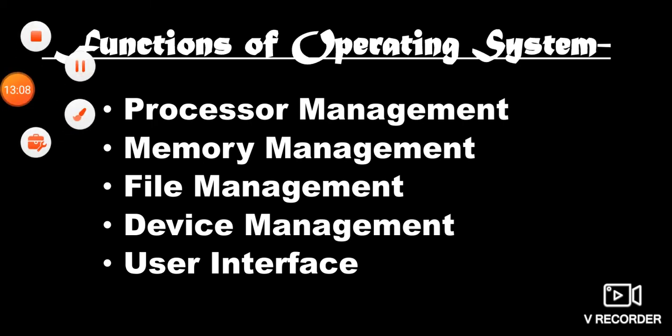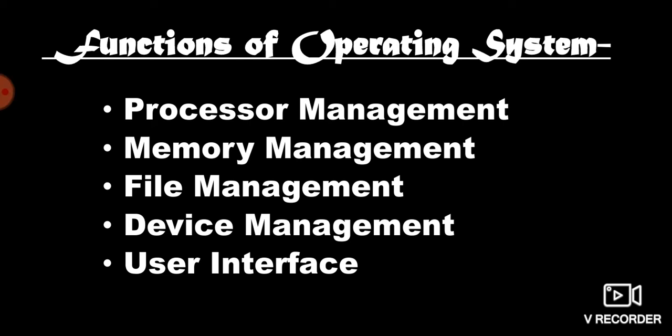Right now I was talking about how in a computer system many processes run at the same time. Processor management is related to the availability of the CPU to different running programs or applications. Because what is a process? A process is a running application or program.